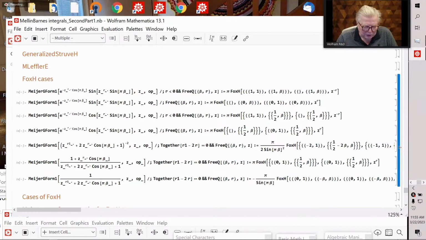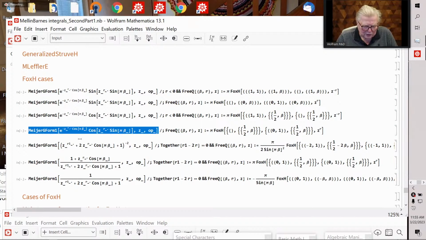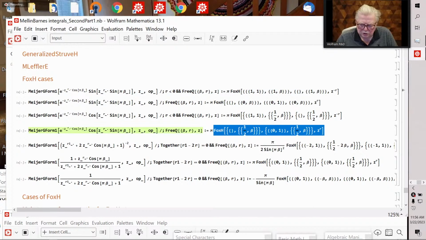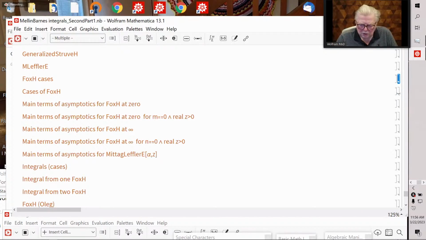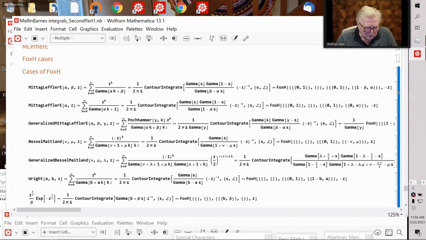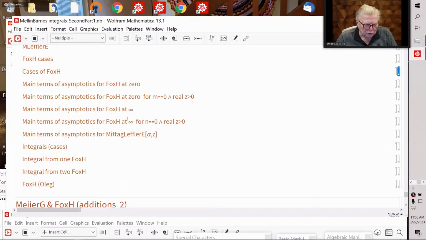For example, here we have formulas like this one, representable through FoxH. I believe and tried such a formula is not working in current FoxH cases. This is for people who want to go deeper in this area.